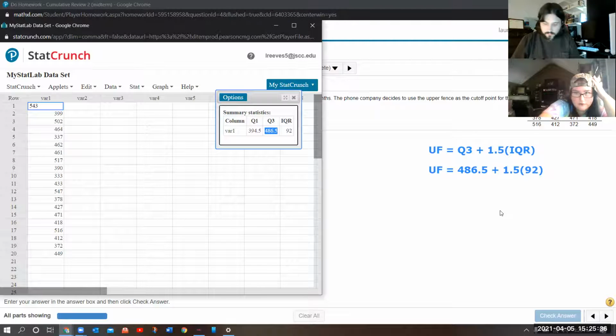So 486.5 plus 1.5, and then I'll plug in IQR, which is 92, and that would equal 624.5. Yeah.